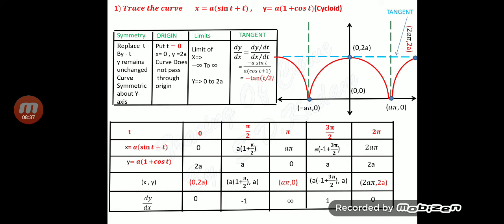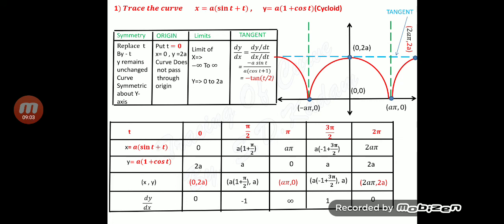Put the values, all the values, x, y and dy by dx, and find the values. Put t equal to 0 in x, get the value of x; pi by 2, pi, 3 pi by 2 and 2 pi. After completing the values of x and y, construct the points x, y as 0 to 2a, a pi 0, 2a pi and 2a.